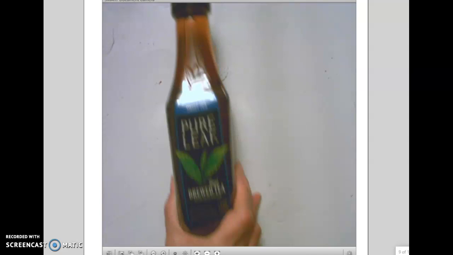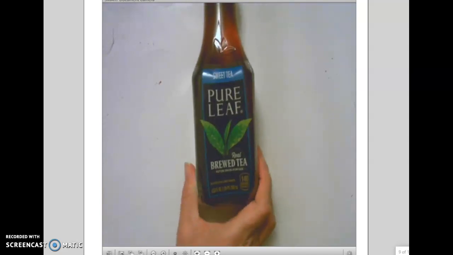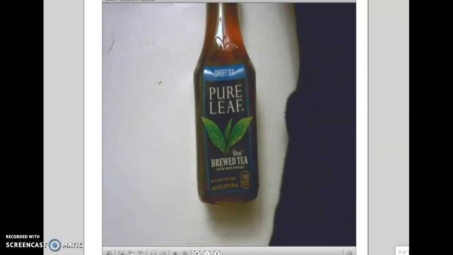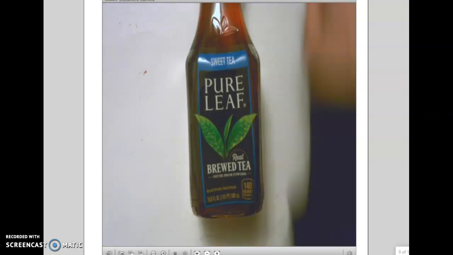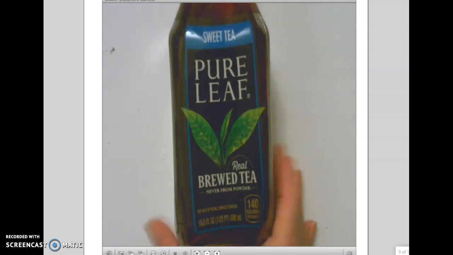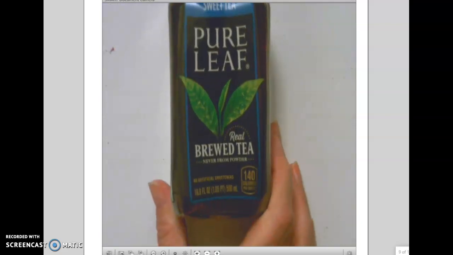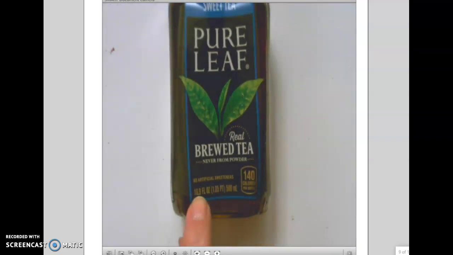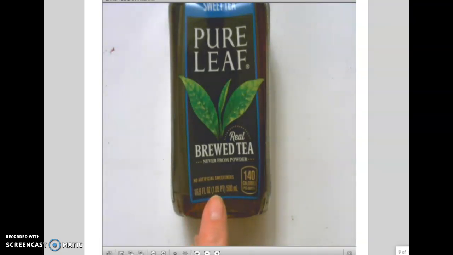So, let's take a look at some things I have in my kitchen. How about an iced tea? Let's get the idea for liquid first, for our liters. When we measure in America, we do it by, see this, 16.9 fluid ounces? Well, that's about 1.05 pints.